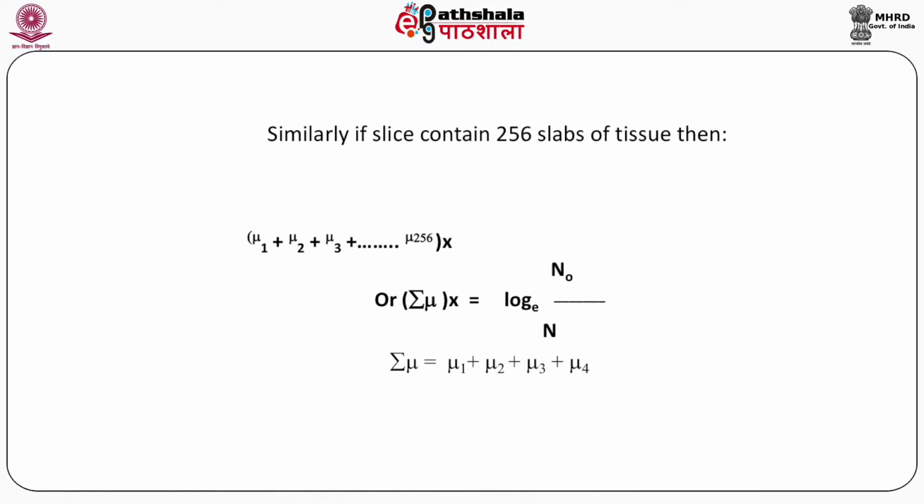That means by finding out the intensity of transmitted X-ray and intensity of incident X-ray, we can find out the total linear attenuation coefficient values. That means the absorption measurement gives me the total linear attenuation coefficient values acquired by the detectors.